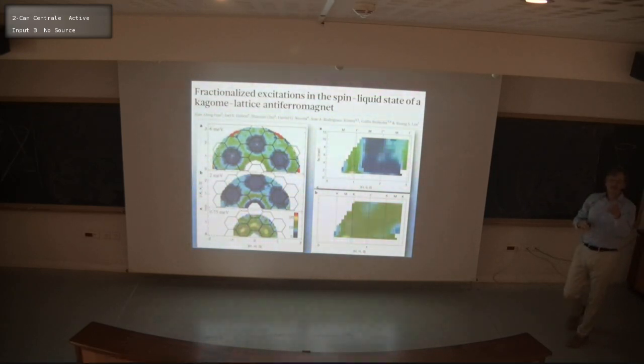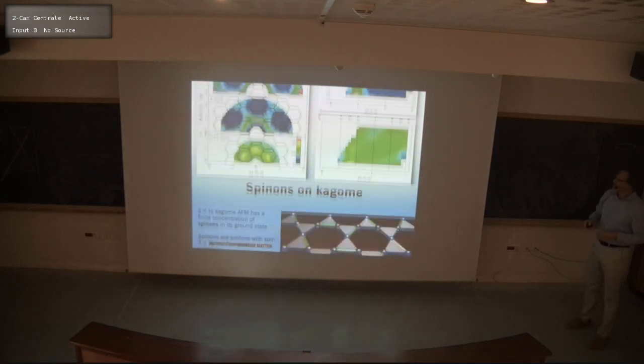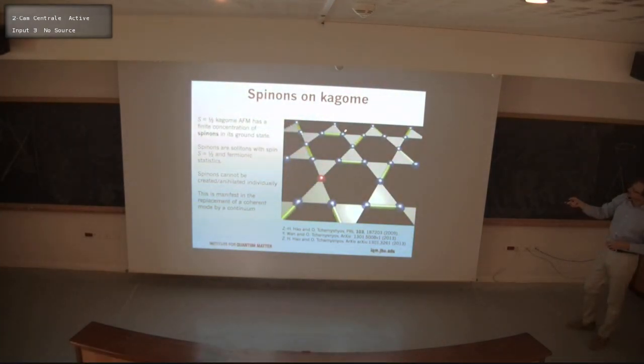So as I mentioned in the beginning, to generate a continuum, the way we can see that happening is if it's a multi-particle excitation. And so the picture that basically comes to mind is that of a Kagome lattice covered with singlets.